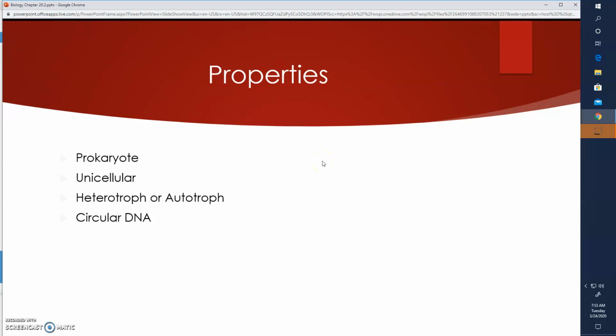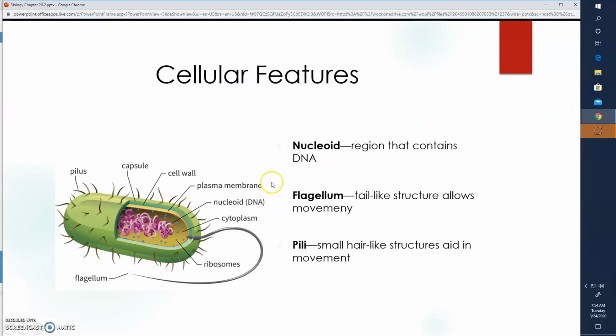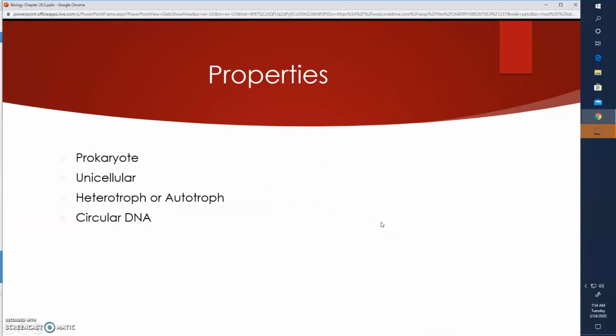And the other aspect of bacteria, these prokaryotes, that I wanted to highlight is that they have circular DNA. Eukaryotes have linear DNA in that classic double helical shape. Bacteria have a circular genome.